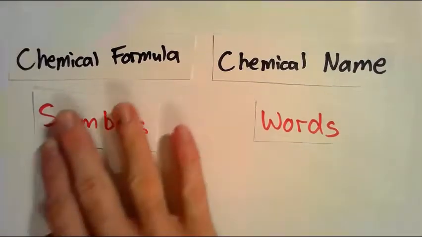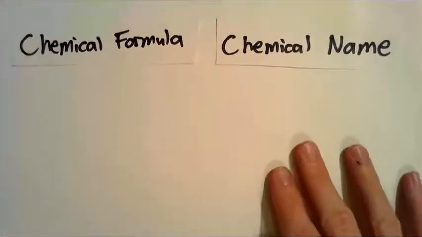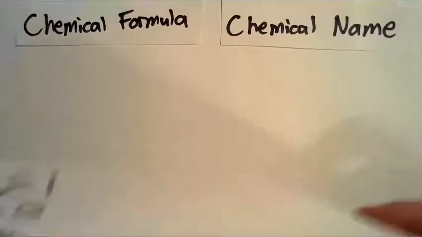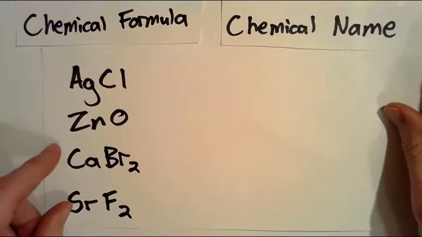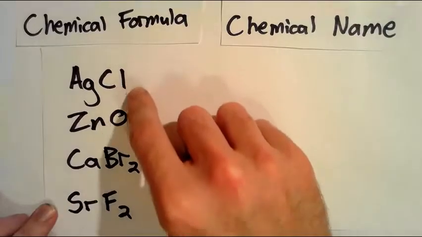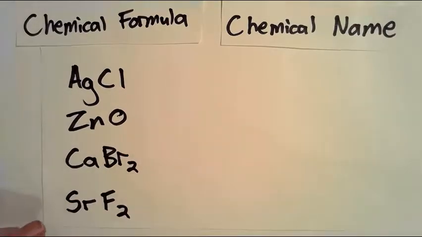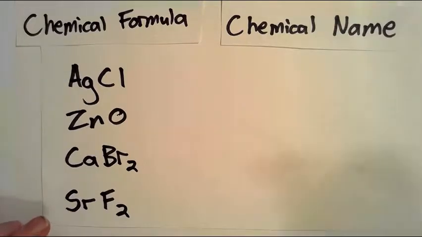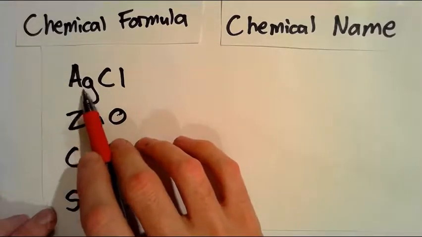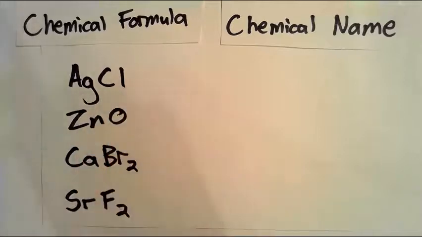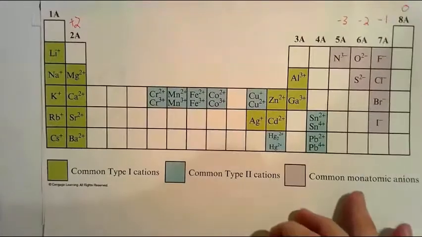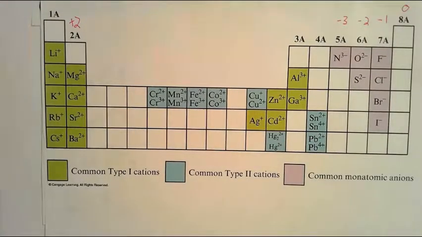Let's do some examples. I'm going to swipe this out, move this up, and put these down here. So I have 4 chemical formulas and I want to know their chemical names. So I need to look at AgCl. I could look at this periodic table, but it doesn't actually show me the names.